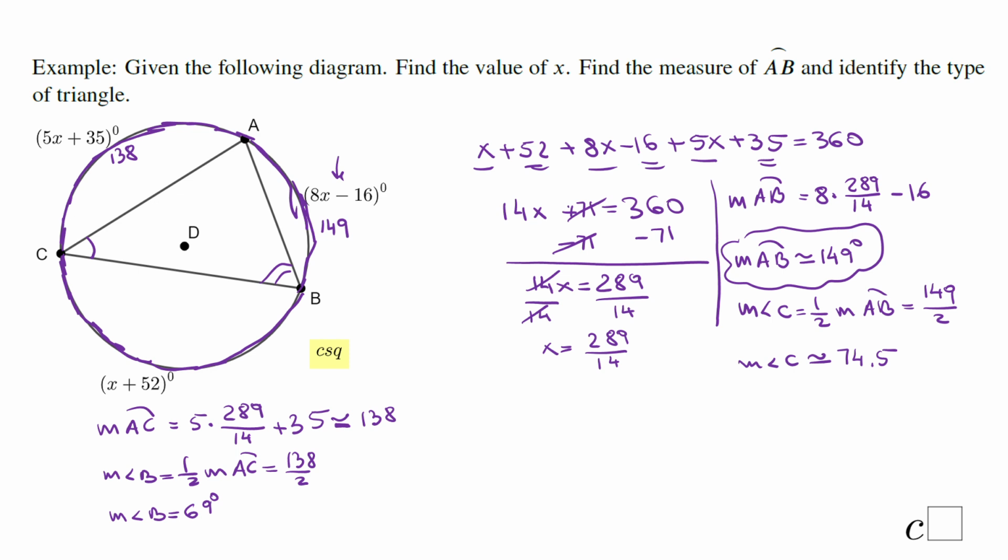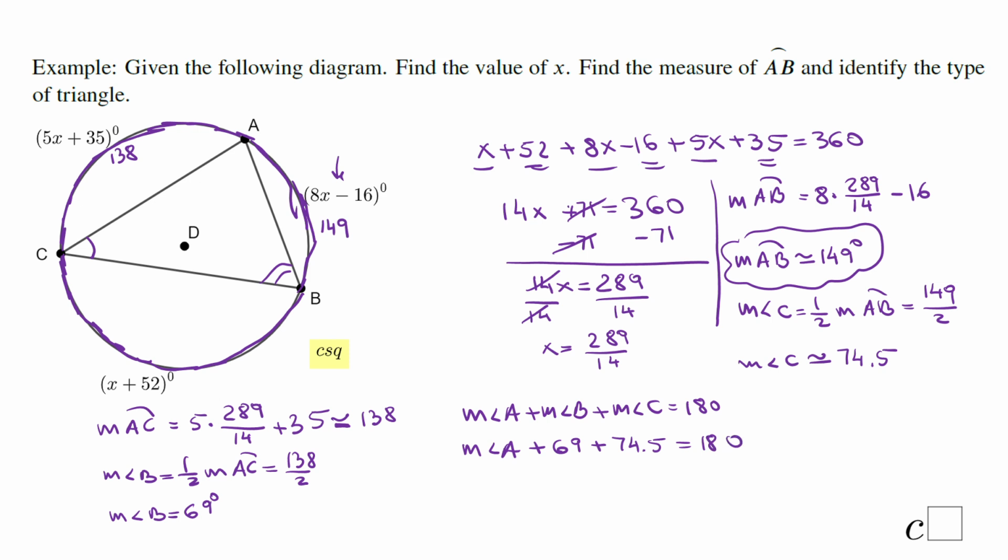Okay, now the question is, how do I find the last angle, angle A? So remember, that is a triangle, so the measure of angle A plus the measure of angle B plus the measure of angle C equals 180. And I'm going to use these approximations. The measure of angle A is the one we're going to find out. B is 69, and C is that approximation, 74.5, equals 180.